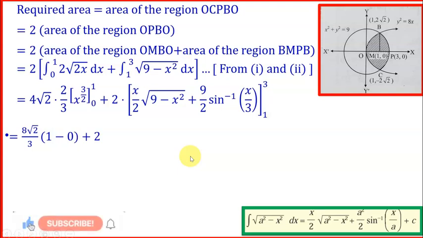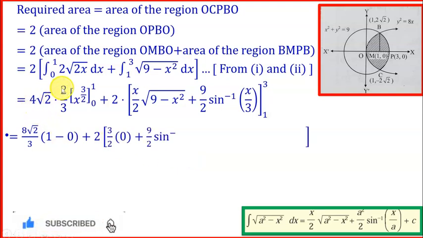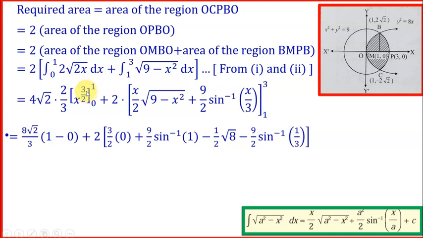Now after the simplification 4 into 2, that is 8 root 2 upon 3. Upper limit is 1, lower limit is 0, 1 minus 0, plus 2. X is replaced by 3: 3 by 2 root of 9 minus 9, that is 3 square. 9 minus 9, then you will get 0, plus 9 by 2 sine inverse of 3 upon 3, sine inverse of 1, minus, 1 upon 2.